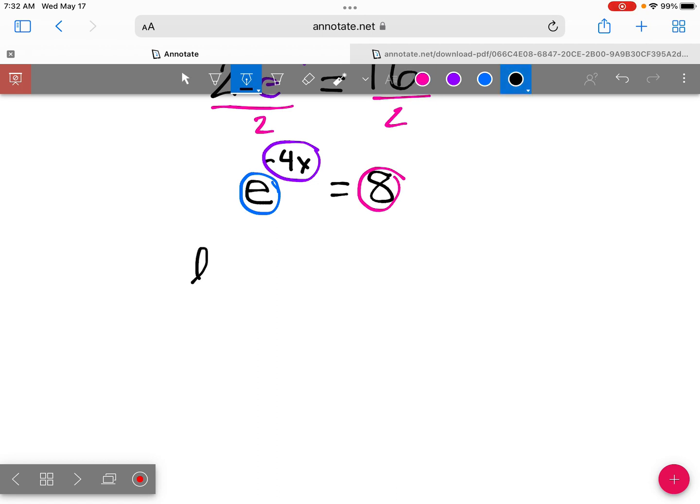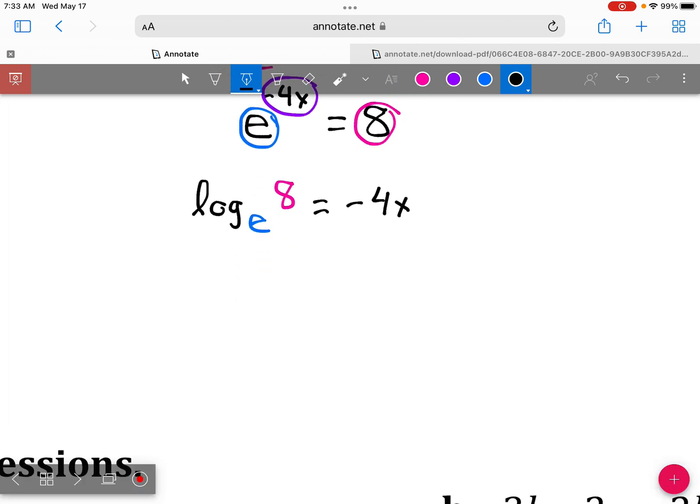So we're going to have log base e of 8 equals negative 4x. Log base e, we just talked about that. That's ln of 8 equals negative 4x. How do I get x by itself?